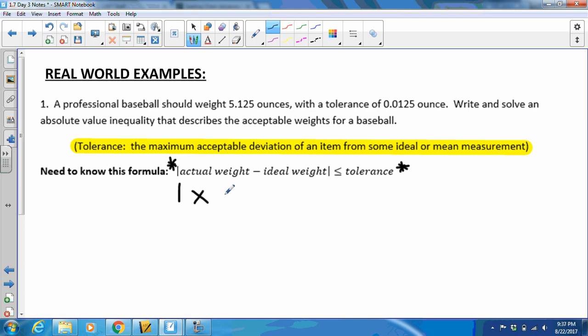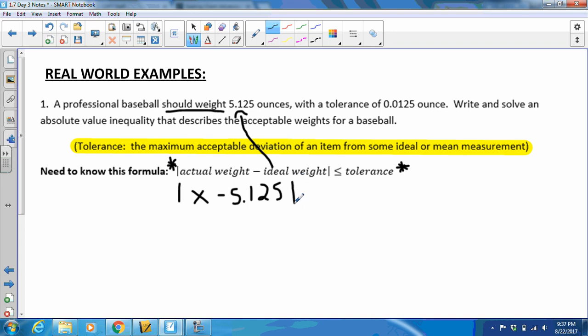Ideal means what we would like the weight to be. It doesn't mean it's going to be that weight, but that's what we'd like. That's going to be our 5.125 ounces, which is why they use the words should weigh.